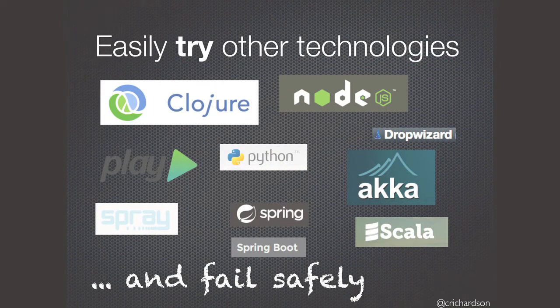But you look out there, there's a ton of really interesting languages, whether that's Clojure or Scala, Node.js even. Very interesting frameworks, Play and Spray and Akka and Spring Boot that Josh is going to talk about, because that really is the best, right?